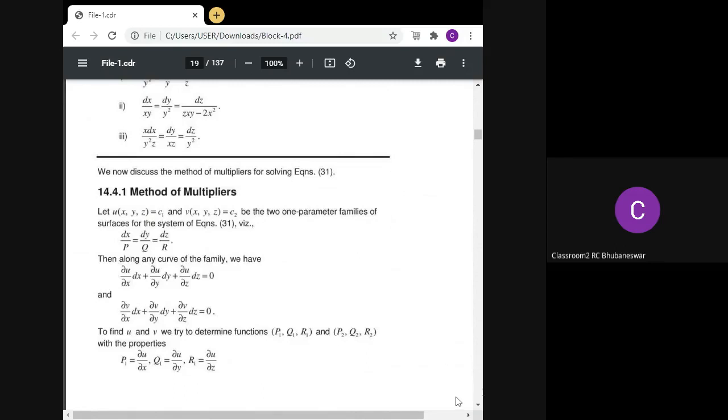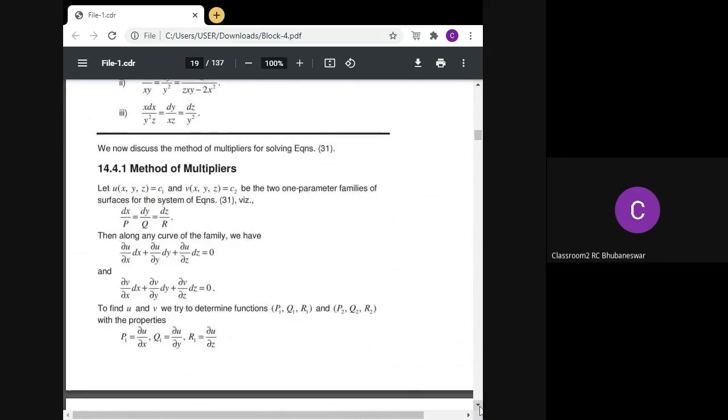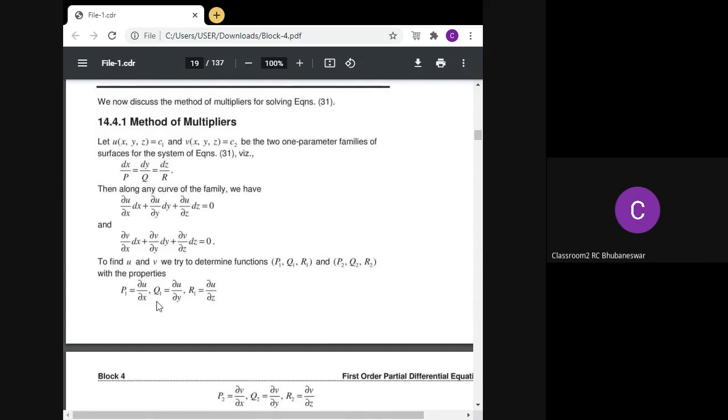So now our job is to assign some functions P1, Q1, R1 for the first curve u and P2, Q2, R2 for the second curve v in such a way that the value of P1 must be the derivative of u with respect to x, and Q1 must be the derivative of u with respect to y.